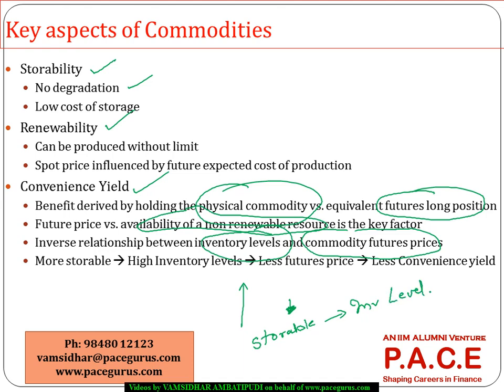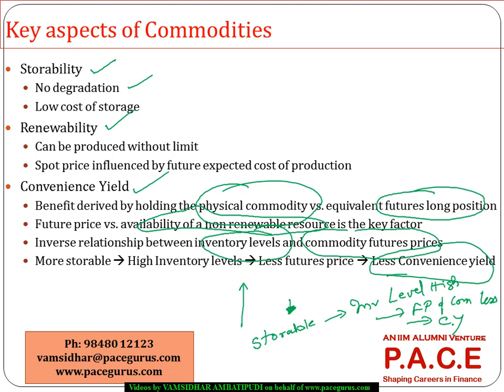If the inventory levels are high, future prices of the commodity are less. So if the future prices are lesser, there is no point in holding the commodity today, which means there is very little convenience yield, because there is no need for me to hold on to the commodity today, because in future the prices are going to be much lesser. So better I can go and buy it at that point itself.